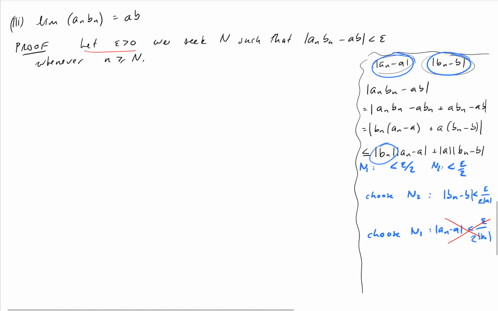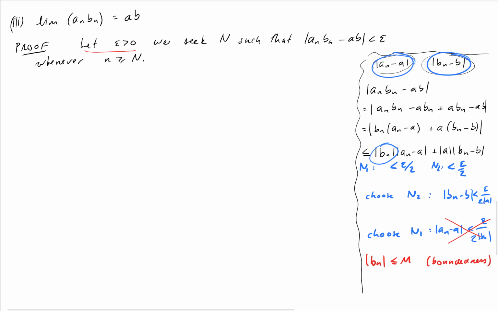Because remember, bn is a convergent sequence, and we also know that convergent sequences are bounded. We showed that previously. So that means we can produce an upper bound on bn, and that will give us what we want. So we know that bn is less than or equal to m by boundedness.